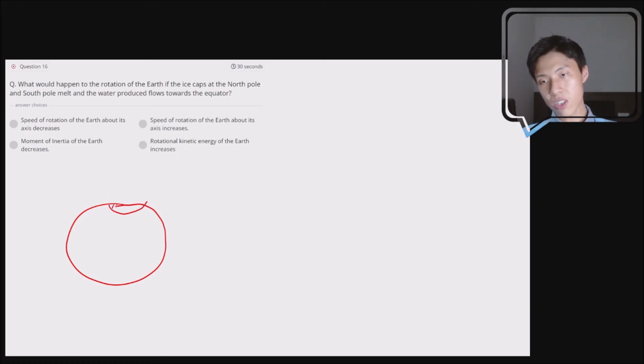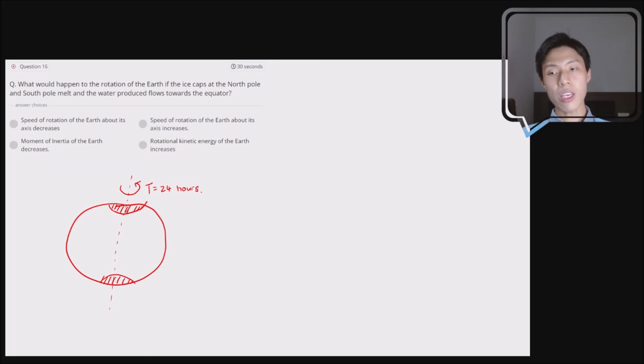Your ice cap is usually around here. Then this is Antarctica, the ice is usually around here. Then you know this is where your axis of rotation is for your Earth. So your Earth will be spinning around this axis of rotation with a period equal to 24 hours.